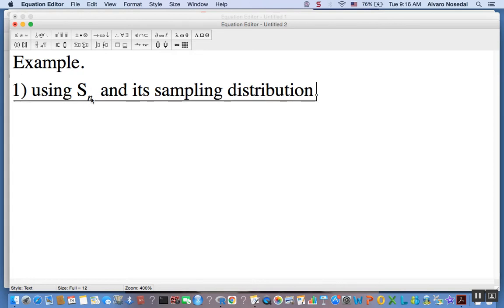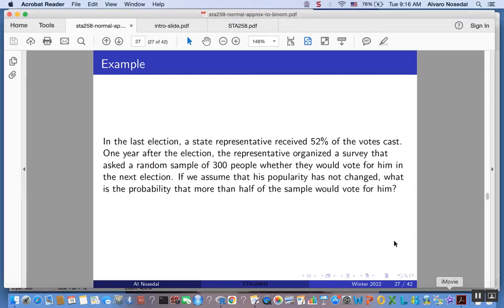We have shown that Sn, the sum of the xi's, has a binomial distribution. So that's what we're going to be doing to solve this problem. Let's go back and get the information that we're going to need.